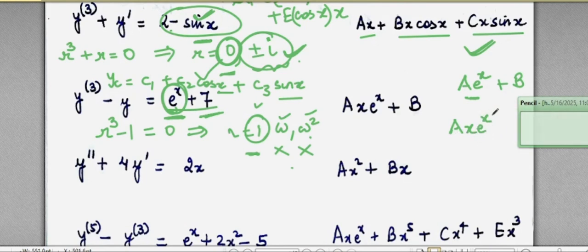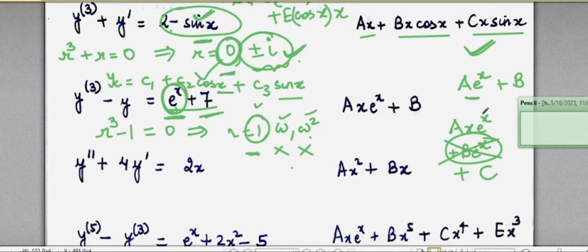So a x e to power x will have trial yp as what? a x e to power x, b e to power x after differentiation, and for the constant 7, it's an unaffected term, so you will just have the normal trial yp for this unaffected term. But since a b e to power x type term will already come in yc, you do not have to write it in yp because it will be unnecessary repetition and another constant in yp, which will increase your calculations a little.